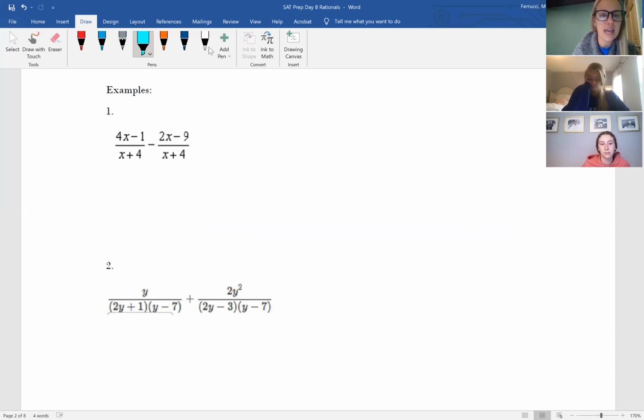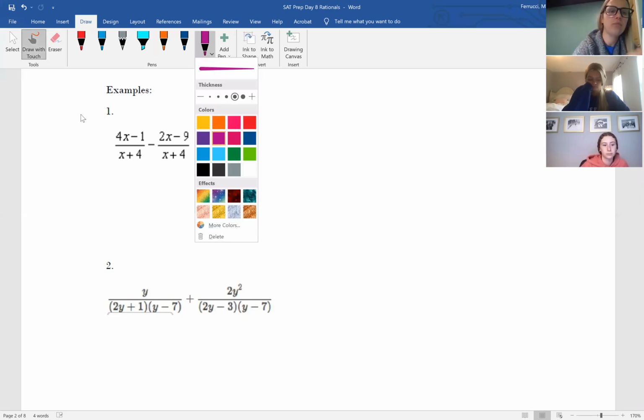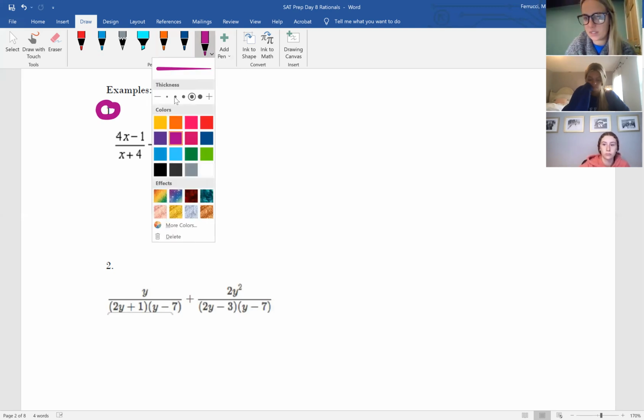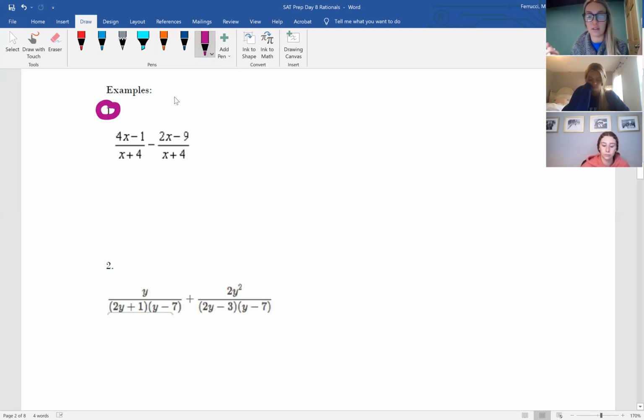So let's look at number one. We don't really have to factor anything, right? The bottoms are just binomials, so we don't have to do anything with them. And they already have the same denominators, common denominators.